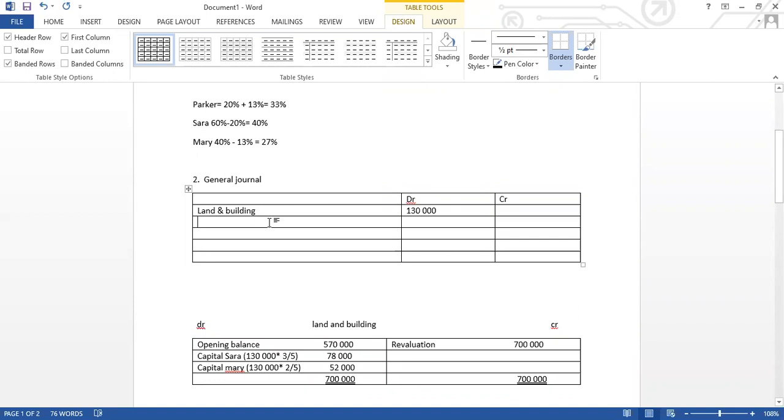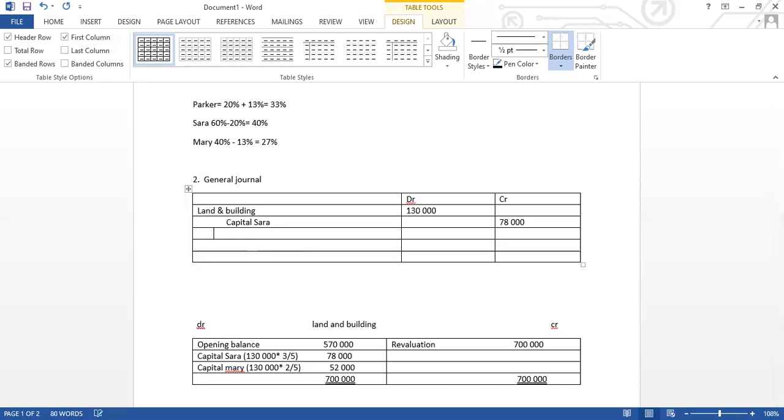We said that an increase in the value of your assets is transferred to the credit side of the capital account, meaning that your capital account should be credited. So in this case, you have capital Sarah, 78,000.